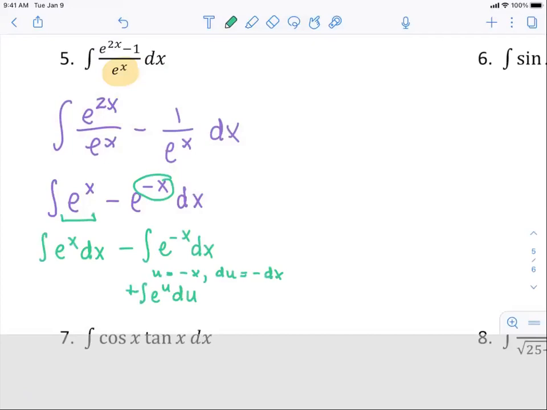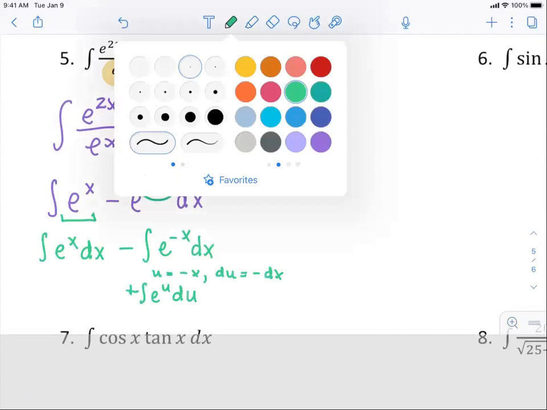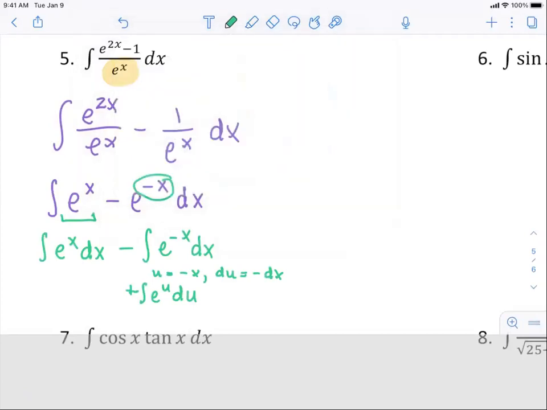And so what we get then is, well, this is going to come out to e to the u. So if we look at the two pieces, this first integral is going to give us e to the x, plus this second one, e to the u, is going to give us e to the negative x, and then we have plus c. So that's the answer there, okay?